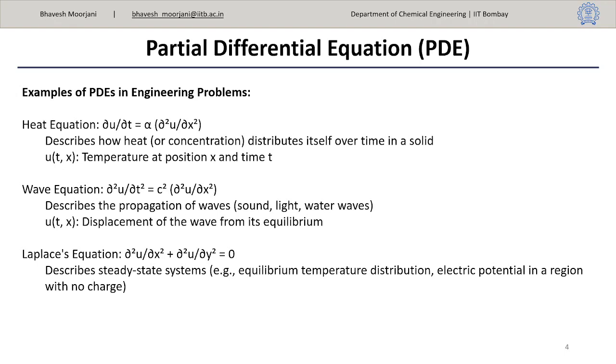Now within PDEs, what are the examples that we deal with as engineers? If you recall the last lecture, there we solved the 2D heat transfer problem, where we had the differentiation of temperature on the left hand side, and on the right hand side we had the spatial profile of your temperature. So k times del square T by del x square plus del square T by del y square, right?